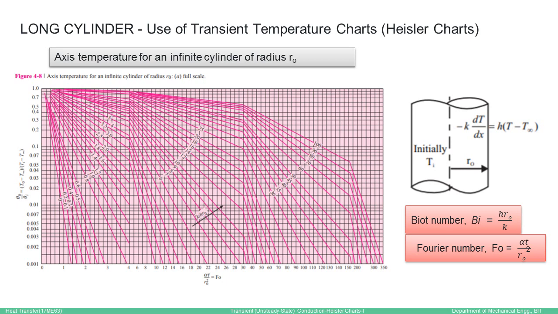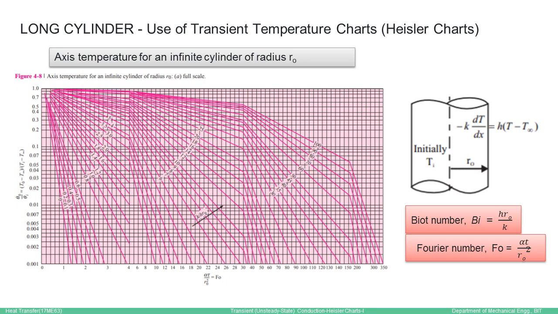We shall not go back to the equation for Biot number as V by A again. It is directly taken as h r0 by k, where r0 is the radius of the cylinder. Similarly, the Fourier number is taken as alpha t divided by r0 square. So the characteristic dimension is r0 itself.